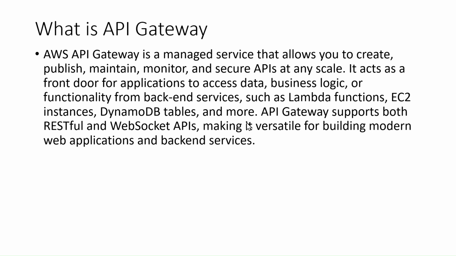And many more services if you are using within AWS. The concept or the working of API gateway is common, as I just explained. Here, API gateway supports both RESTful and WebSocket APIs, making it versatile for building modern web applications to support backend services. Fine.